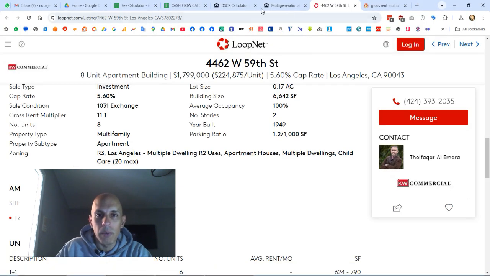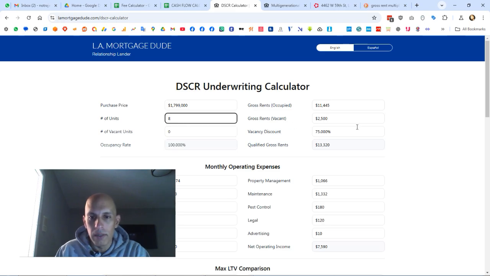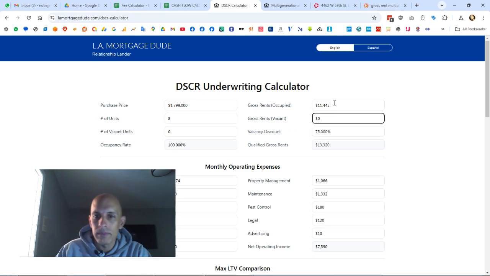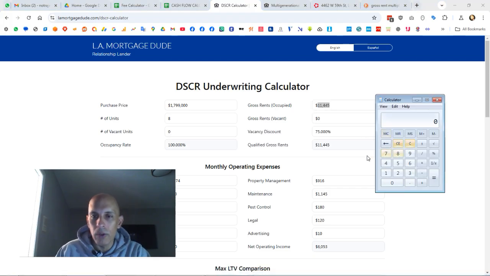because now I'm going to be able to figure out what sort of loan I can get, because if it meets certain standards, then I can go for a bank loan, whereas if it does not meet those standards, I can go for a DSCR loan. That way I can still get my hands on the property.